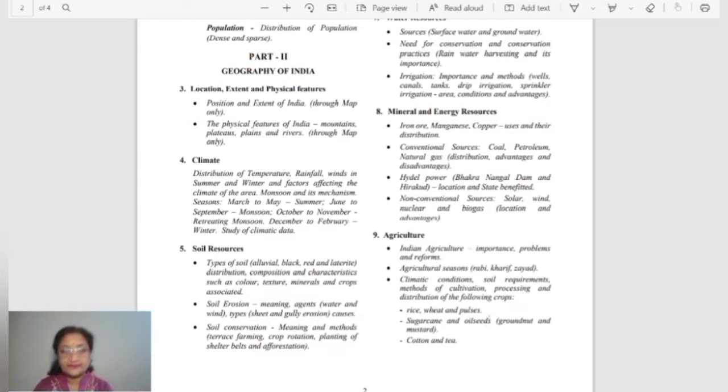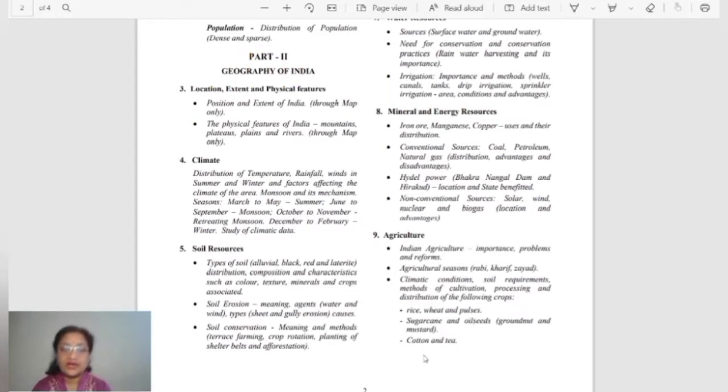Sugarcane is one and the second is oil seeds. Under oil seeds, you just have to cover two, that is groundnut and mustard. This is about the third part of the agriculture unit.